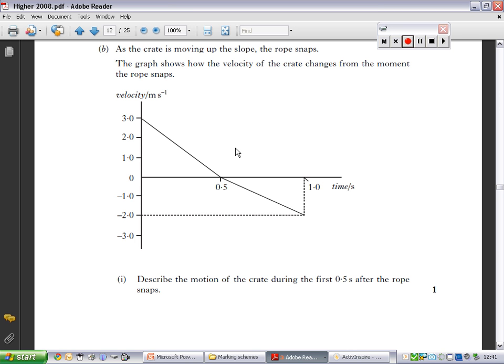So it starts off at 3 meters per second, it slows, it stops, then comes back again. So the thing's going up, it's stopping, and then coming back again. So between 0 and 0.5, the object is slowing down to rest.